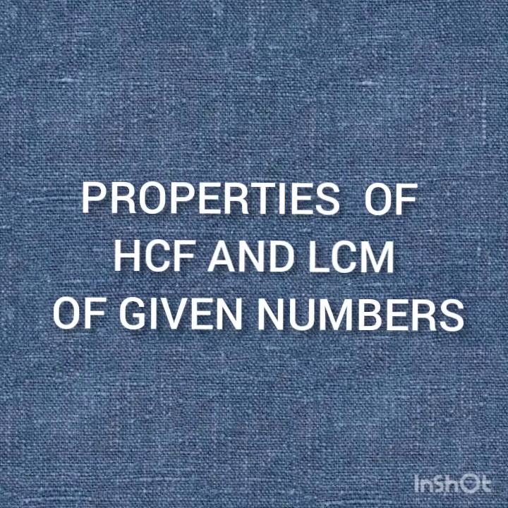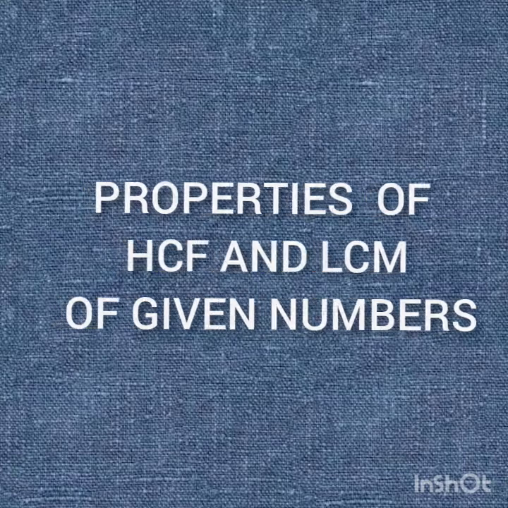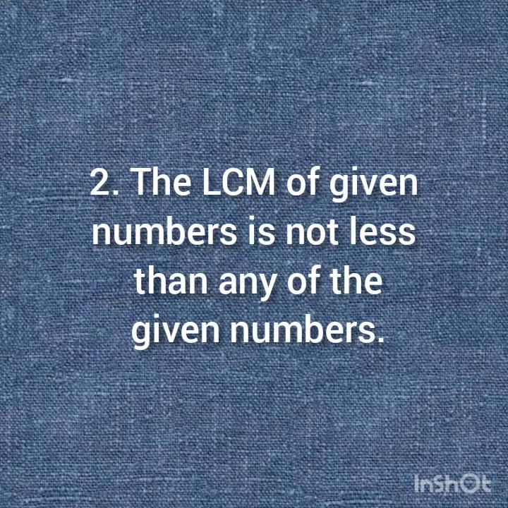Now, my dear students, I am introducing the properties of HCF and LCM of given numbers. Let's see which are they. First property, the HCF of given numbers is not greater than any of the numbers. Second, the LCM of given numbers is not less than any of the given numbers.